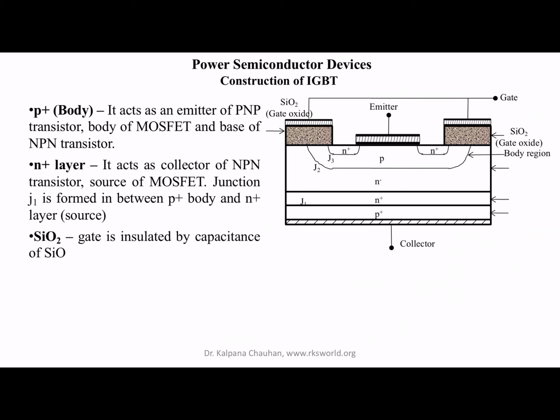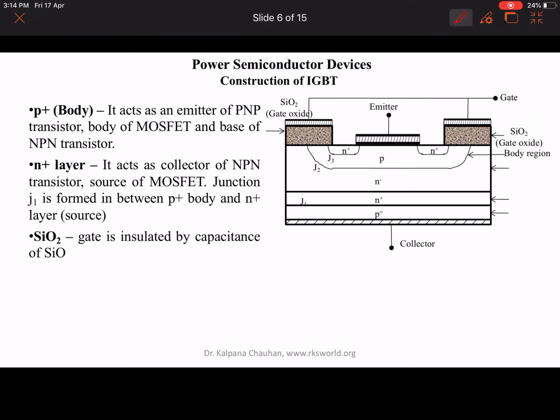The P plus, that is called the body region, acts as the emitter of the PNP transistor, the body of the MOSFET, and the base of the NPN transistor. The N plus layer acts as the collector of the NPN transistor and the source of the MOSFET. Junction J1 is formed between the P plus layer and the N plus source layer.